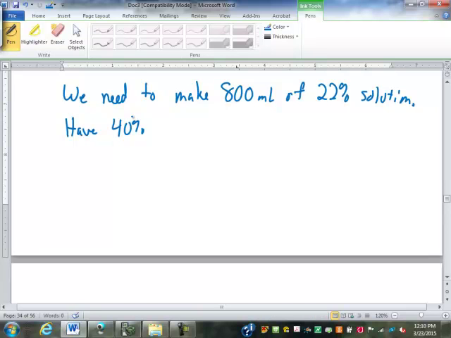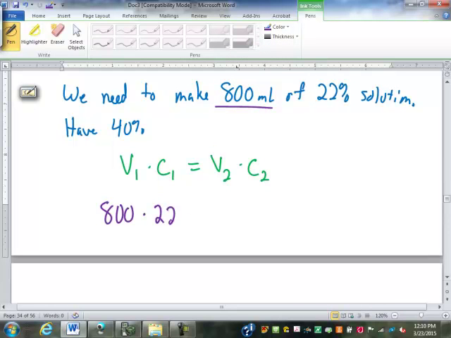What are we going to do to mix this? So we're going to start out again with our concentration formula. We have 800 milliliters will be V1 times C1 is 22%. We're going to get that from the 40%. We need to know the volume of the 40%.